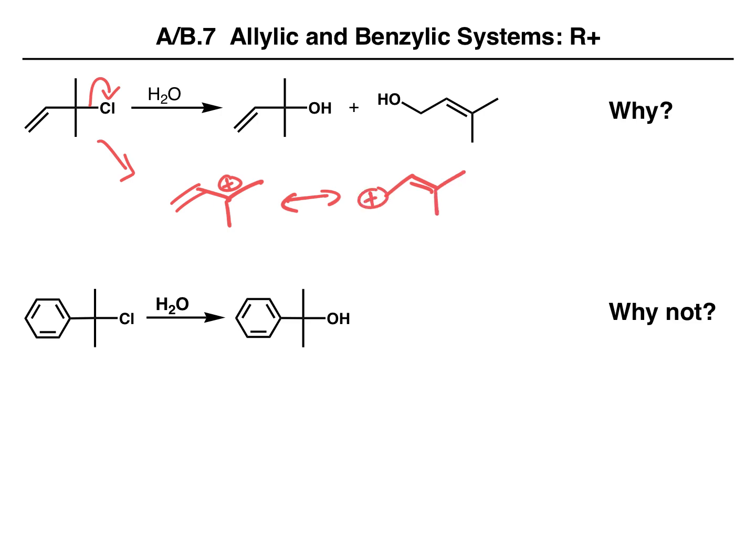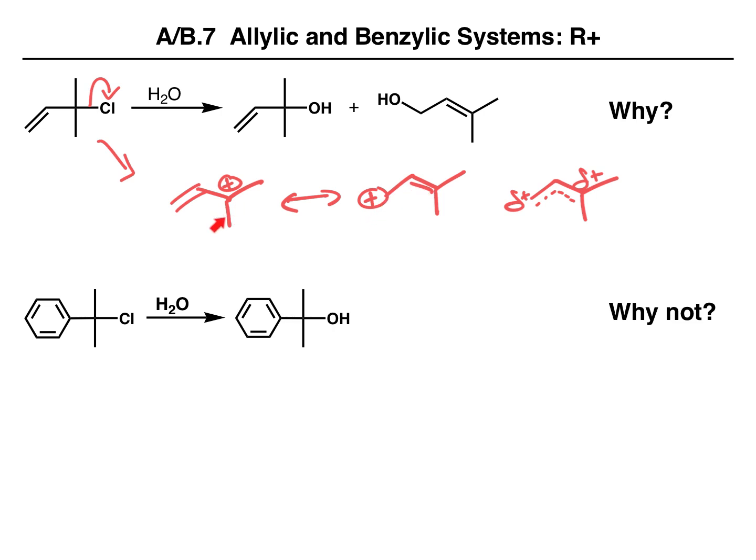So remember, neither of these resonance contributors exist. What exists is the resonance hybrid that has double bond character and partial positive character here and partial positive character here. To be more specific, we would predict that this would be the major contributor because this carbocation is tertiary and allylic, whereas this carbocation, if it existed, is primary and allylic.